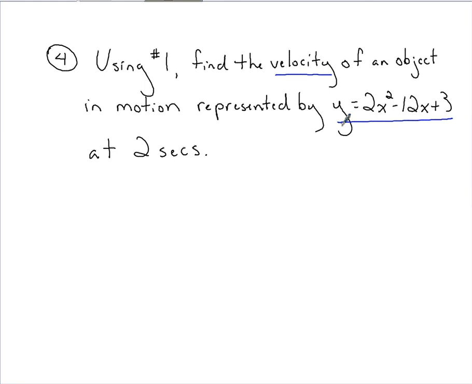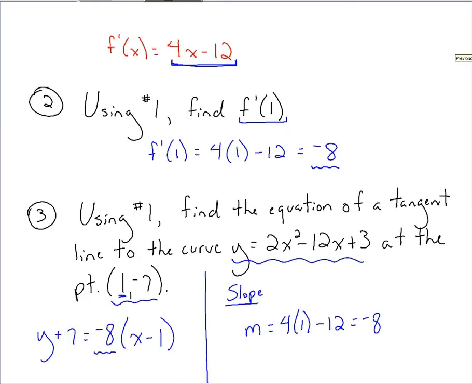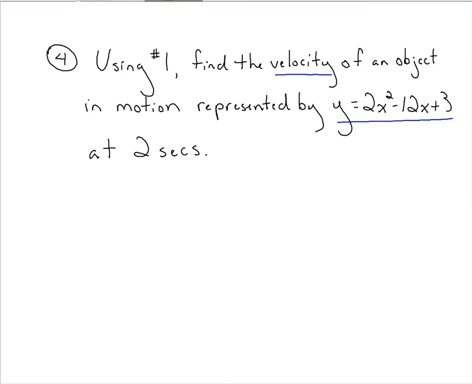Now that's the same equation we had back in number 1. We've already taken that derivative, so if we carry the derivative over, f prime of x equaled 4x minus 12. That was the result we found from number 1. That derivative right there represents the formula we need to figure out the velocity.